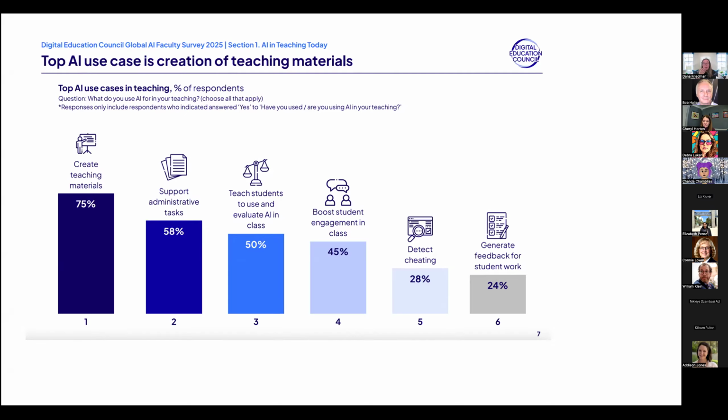This first one is showing us how faculty are using AI every day. 75% are using it to create teaching materials. They're supporting administrative tasks, helping write those emails that we have to write to students and faculty and colleagues. They're teaching students to use and evaluate AI in class, boosting student engagement, detecting cheating, and generating feedback for students' work.